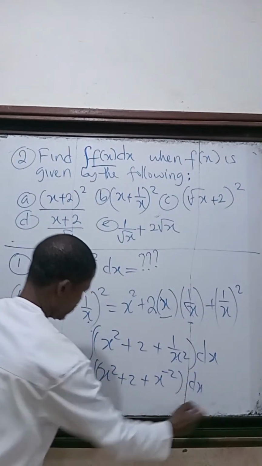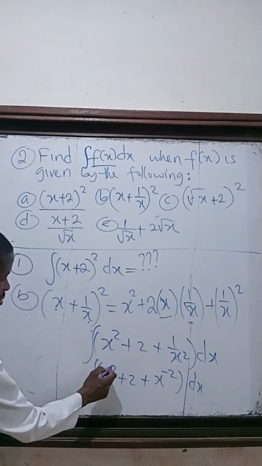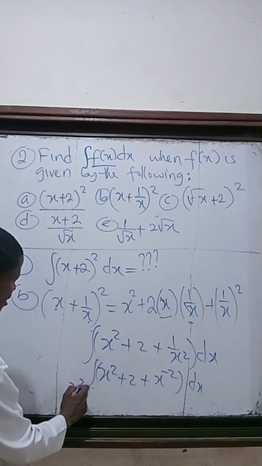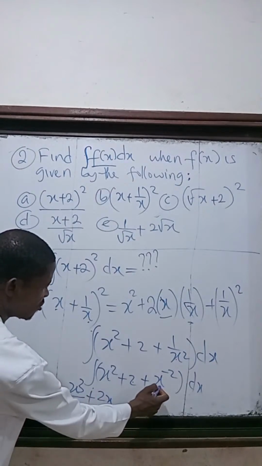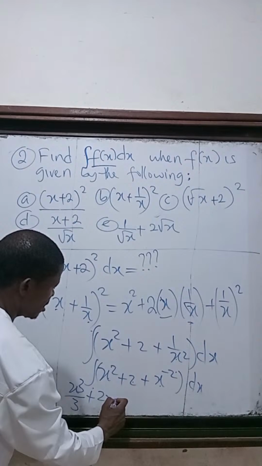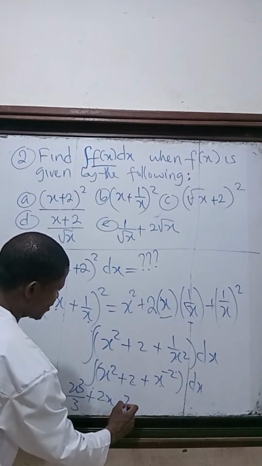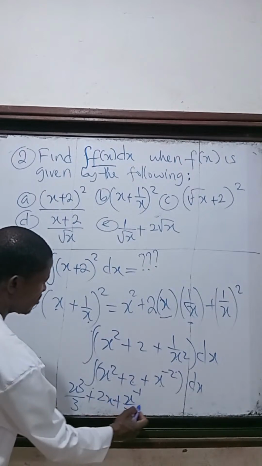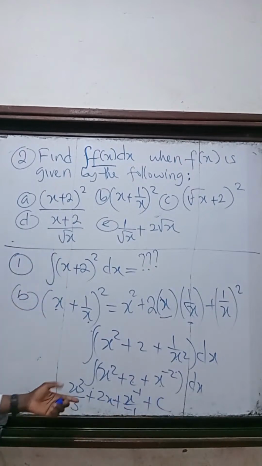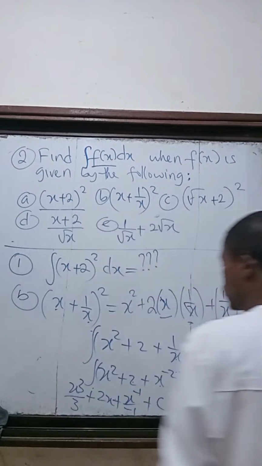So this will be equal to what? Our 2 plus 1, that's x cubed over 3, plus this will be 2x. This one will be plus 1, that's x to the power minus 1 over minus 1. And then plus c. So just do the arrangement there, then we'll get the final conclusion.